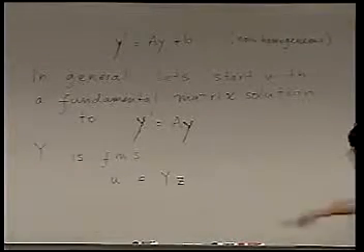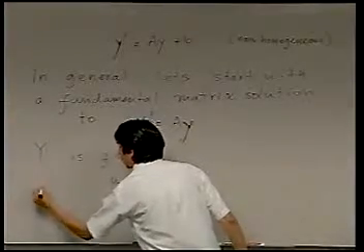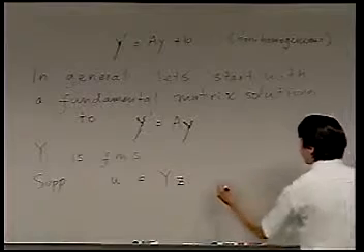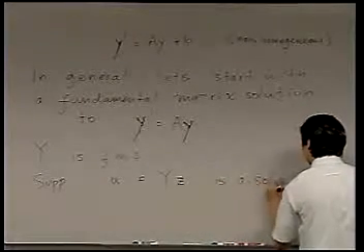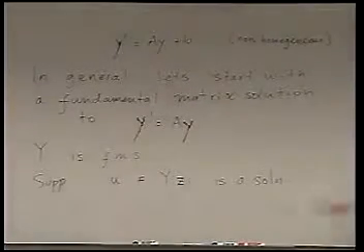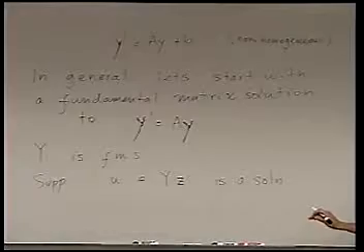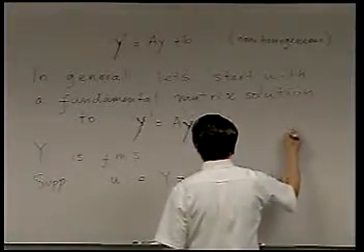So let's see. Let's assume that this is a solution to the non-homogeneous equation. Then let's attempt to find z here. So here we go.